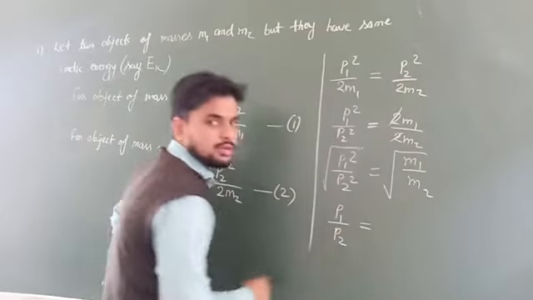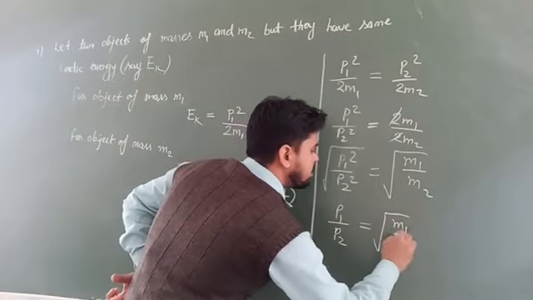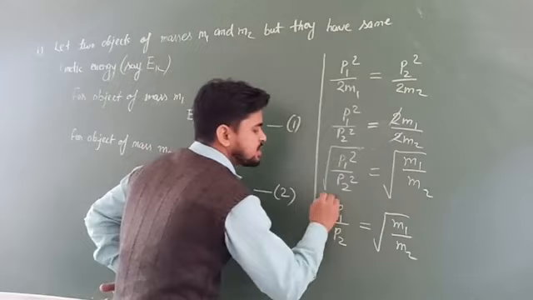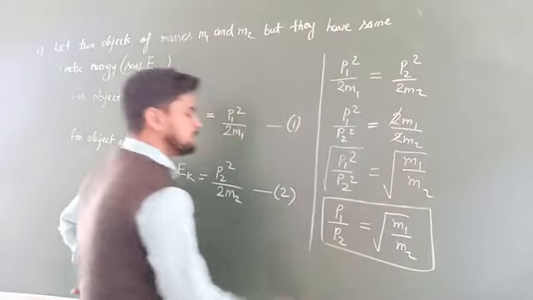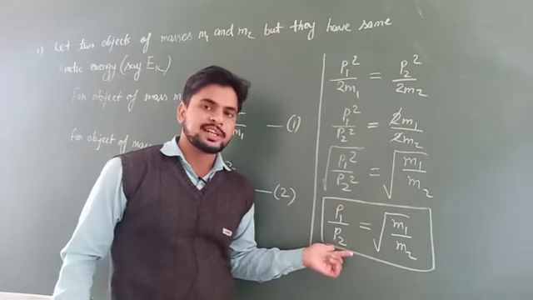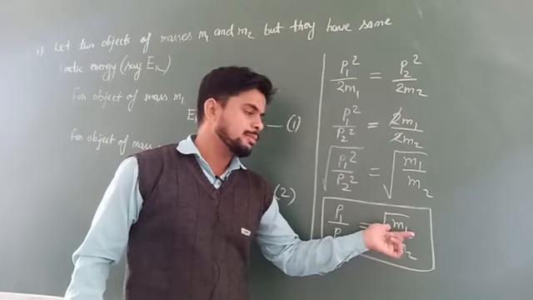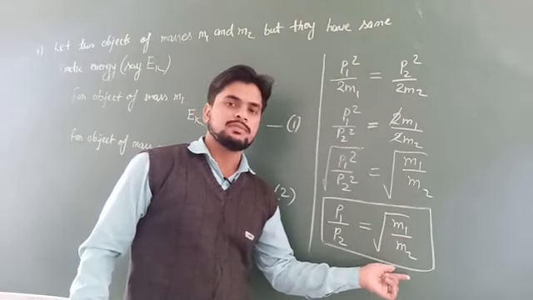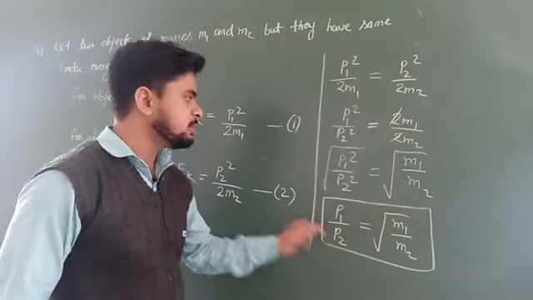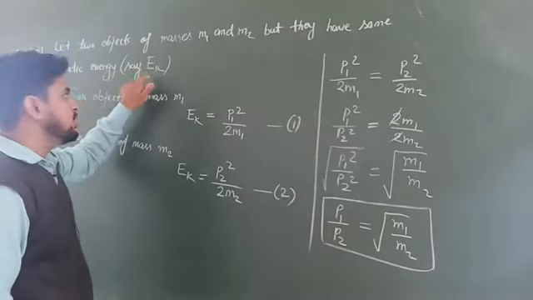This is the required relation between their momentum. It means the ratio of momentum of the first object to the second object is equal to the square root of the ratio of the mass of the first object to the mass of the second object. This is the required relation between their momentum when they have the same kinetic energy.